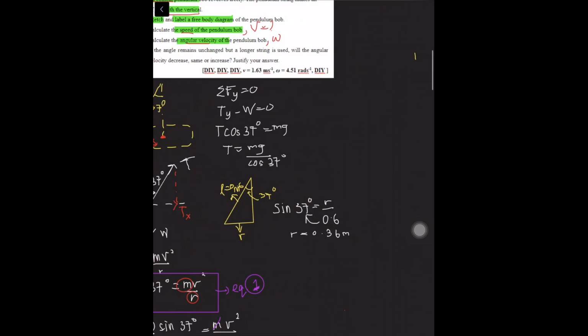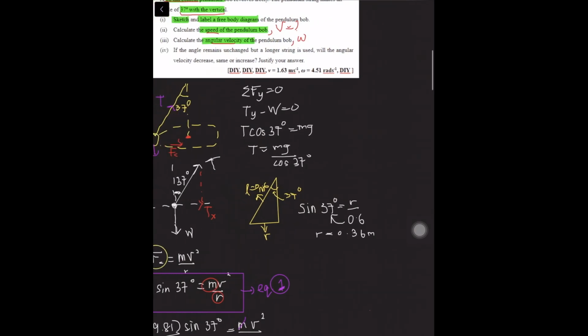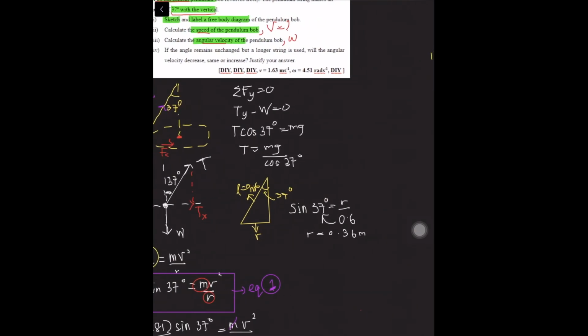Omega can be related with v, the linear speed. v equals r omega. So omega will be equal to v over radius.